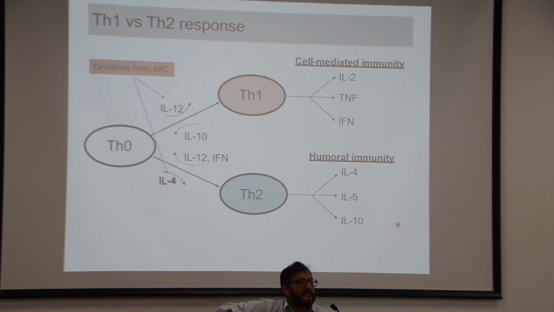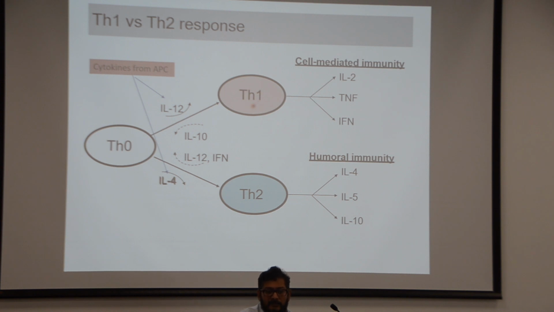So activation has happened, survival signal is given, the co-stimulation has happened. Now what do cytokines do? If the antigen presenting cell makes a lot of cytokine like interleukin 12, this will push the naive T cell to differentiate after clonal expansion into a T helper 1.